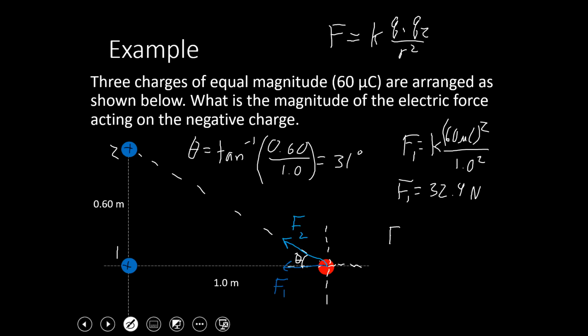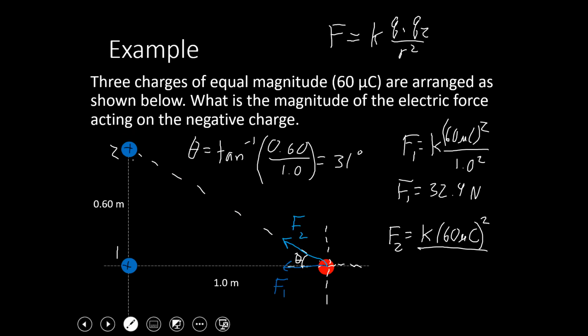F2. Well, F2 is pretty similar. You have K, your constant, times 60 microcoulombs, and that gets squared. Now, what's the distance between them? Between charge 2, this charge right here, and this charge right here. Well, it'll be whatever this hypotenuse is, right?